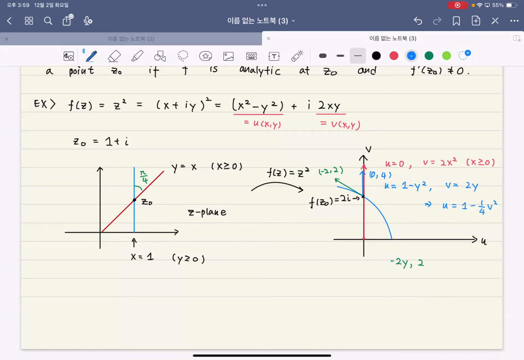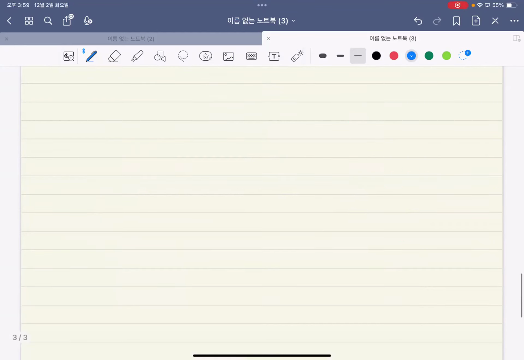Yeah, this is 0 and 4. And if you measure the angle between these two, this is still 45 degrees. Okay, good. All right.